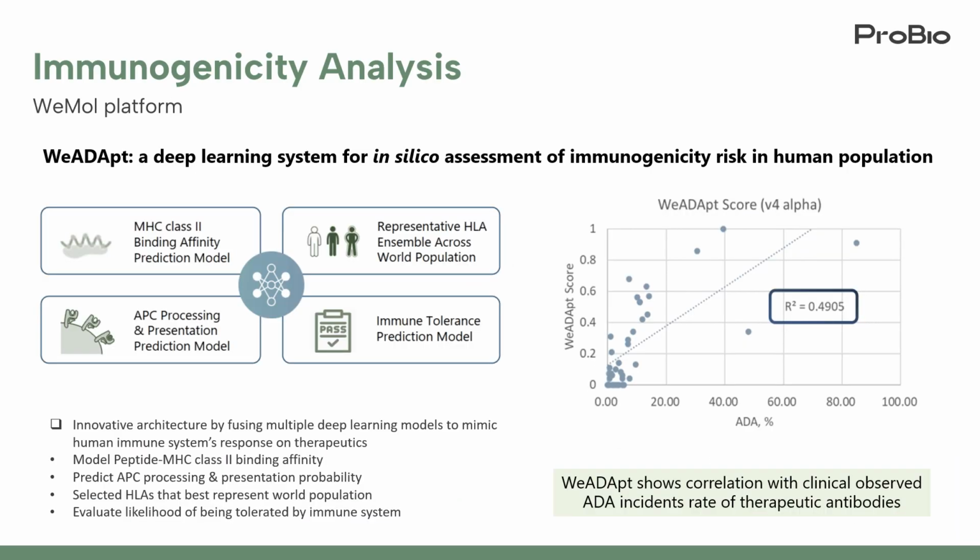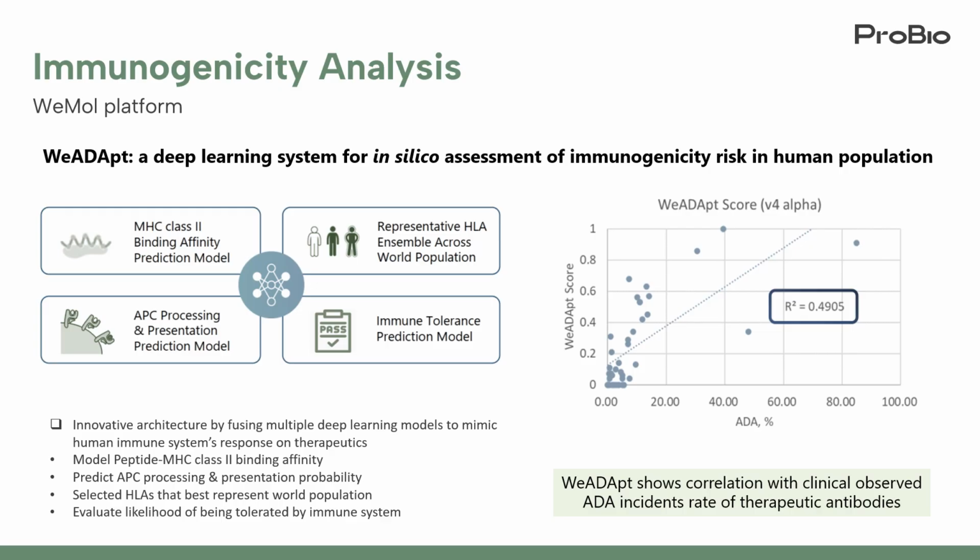With the recent explosive development of AI technology, the immunogenicity assessment is taken to a whole new level. In addition to the database approach, as I mentioned in previous page, we are also using a software called WeAdapt from Wemo, an AI company that combines structural biology and deep learning models.